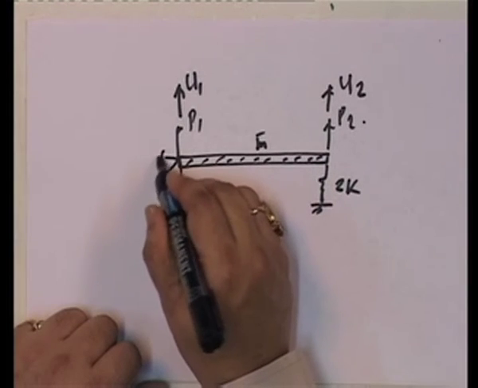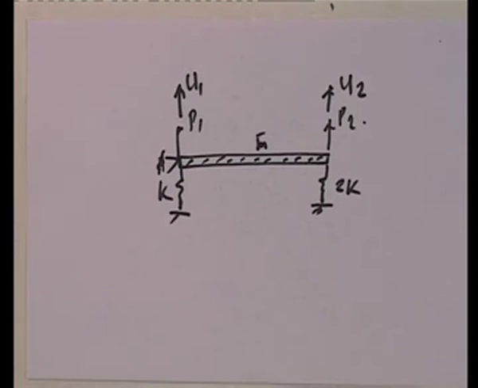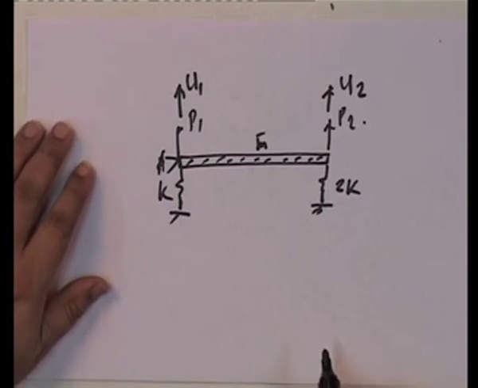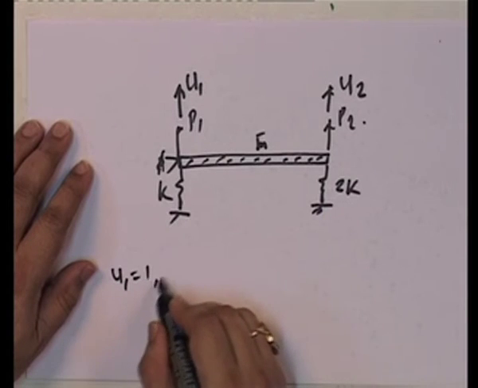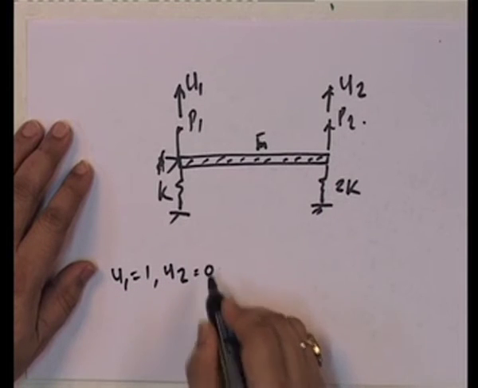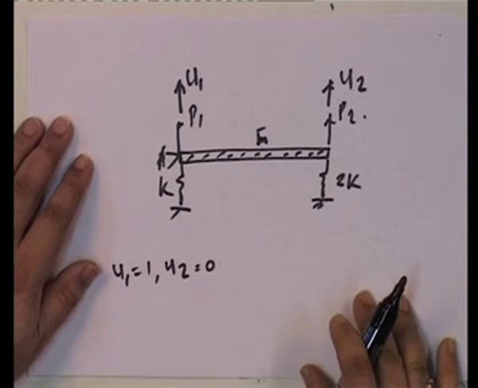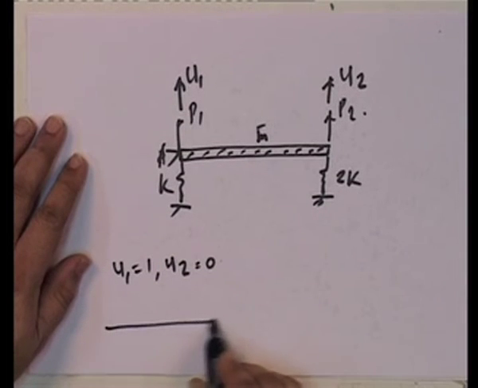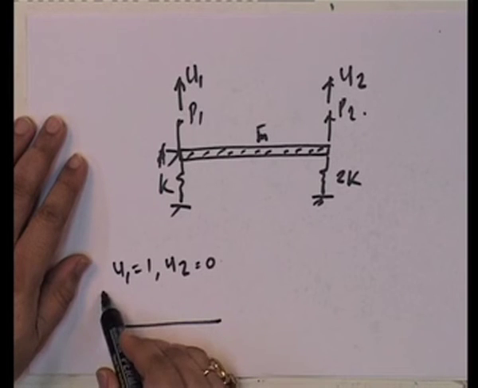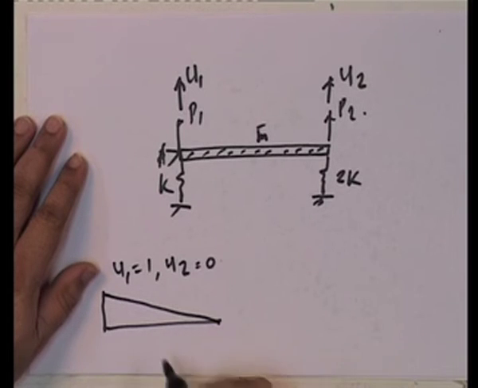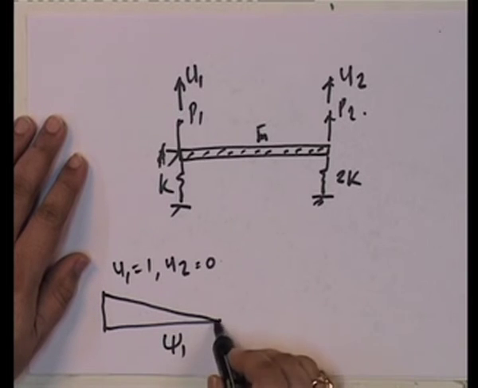Note that it can't move in this direction. How is this different? Well, when I put u1 equal to 1 and u2 equal to 0, what kind of displacement pattern do I get? This is the displacement pattern, this is my xi1.